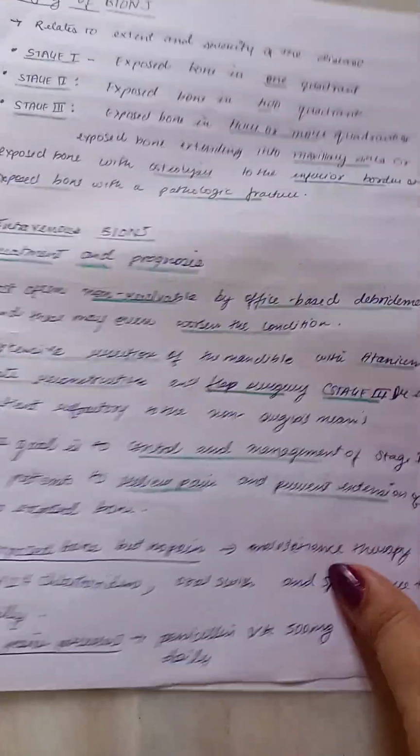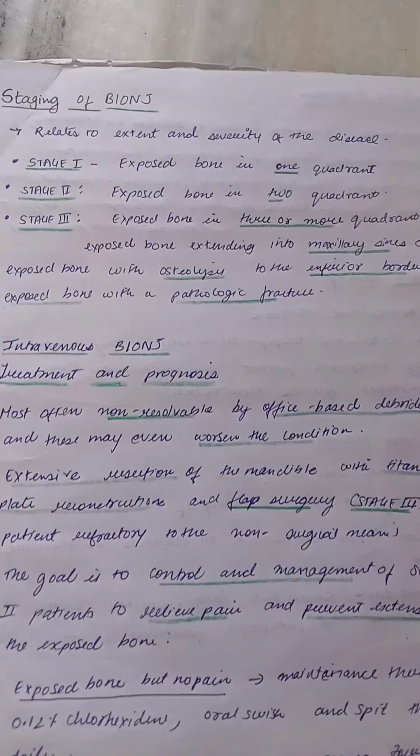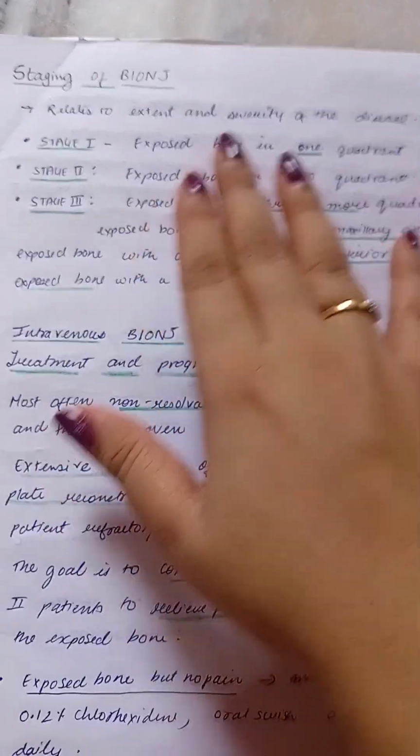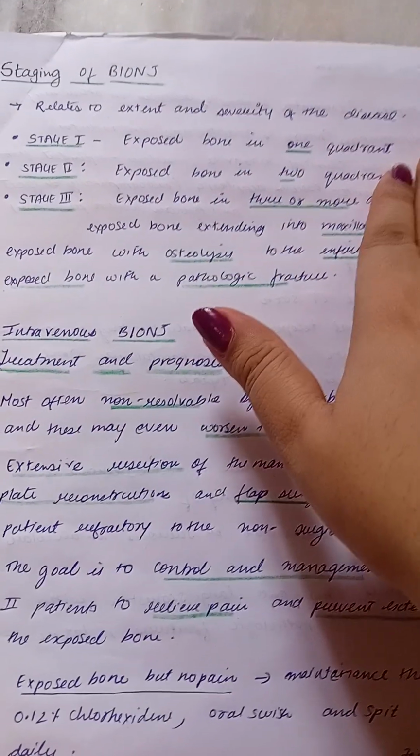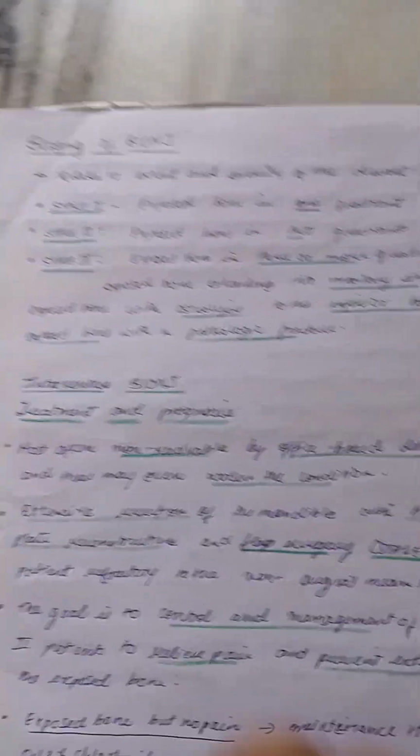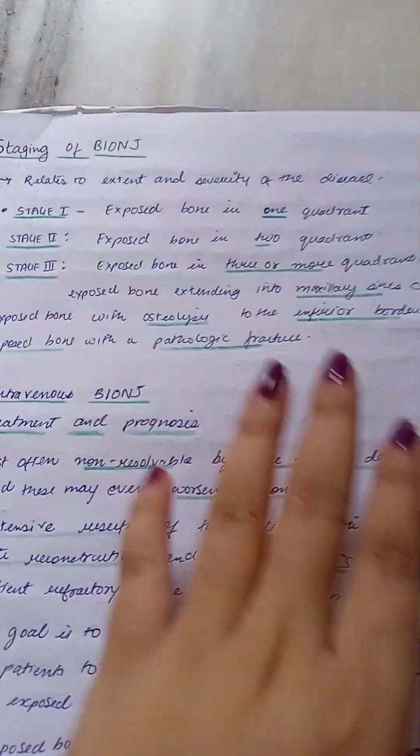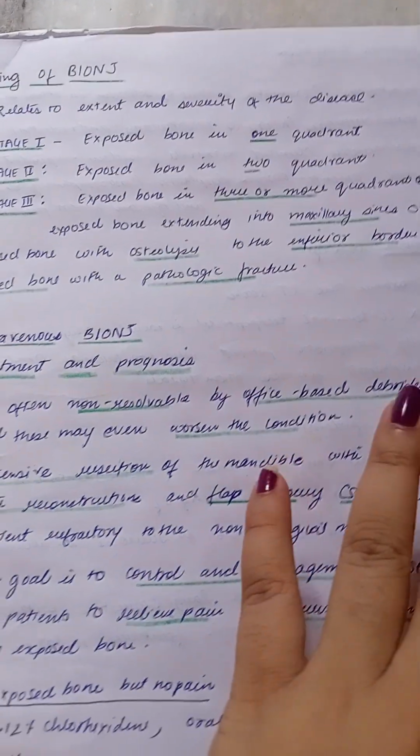Now, coming to staging of BIONJ, what are the stages? It relates to the extent and severity of the disease. Firstly, the staging was given on the consideration of pain, but pain is never and will never be the criteria for necrosis. So, the criteria for necrosis is the extent and severity of the disease.